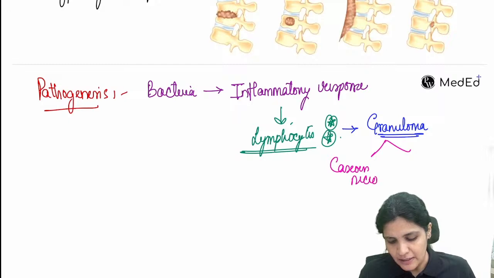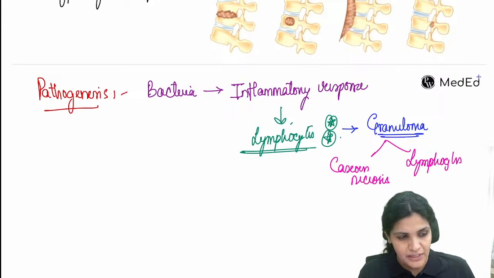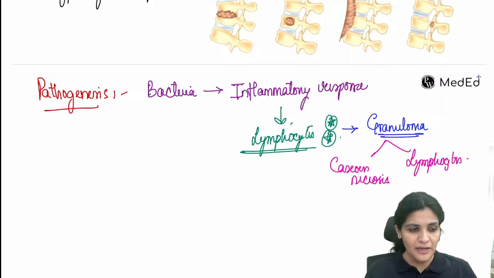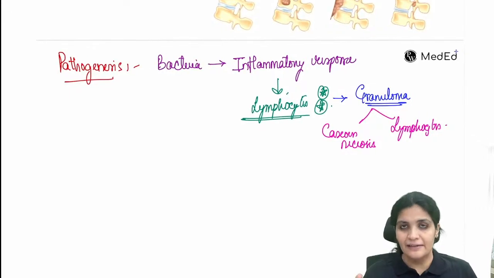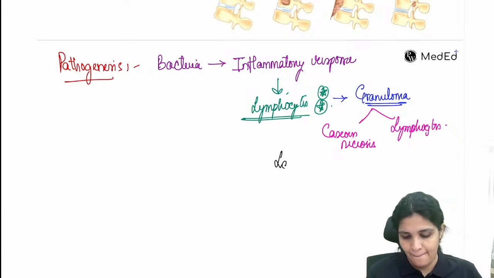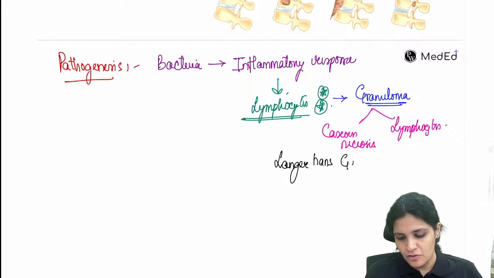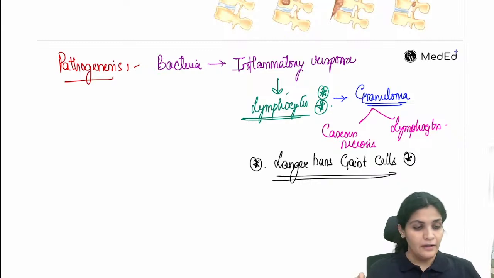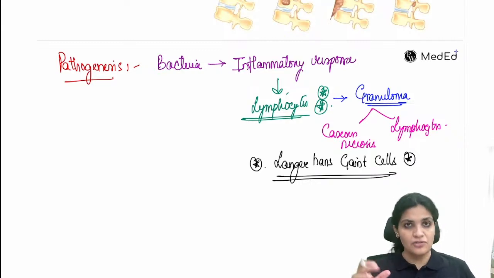Caseous necrosis, which is surrounded by your lymphocytes. Yes, very good. So we have granuloma, which are caseous necrosis, and then they're surrounded by your lymphocytes, right? And what are the giant cells? So you can also see Langerhans giant cell, right? So these are all in the pathogenesis of tuberculosis.